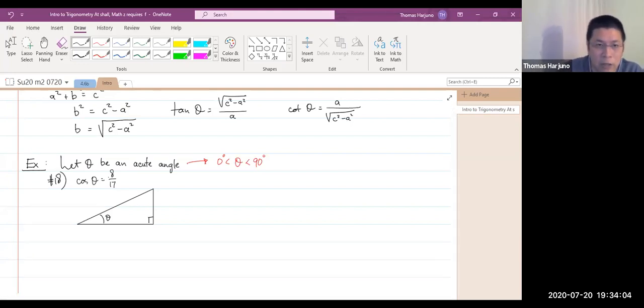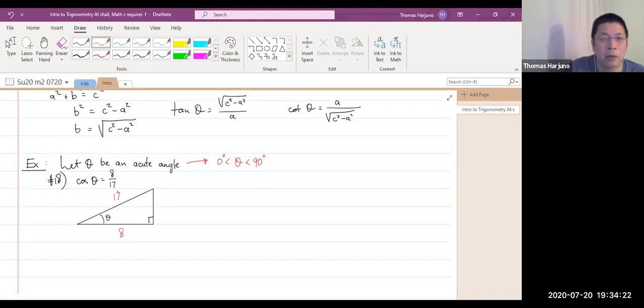Now, in that right triangle with angle theta, cosine is 8 over 17. Then I can plug this in: adjacent is 8, hypotenuse is 17. Okay, that will give us cosine theta 8 over 17.